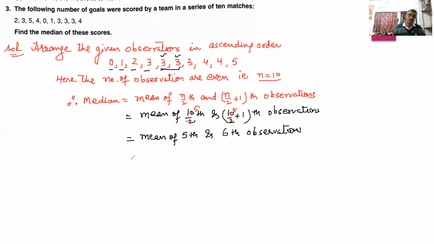These two. Therefore, mean of fifth and sixth. Fifth is 3, sixth is 3. 3 plus 3 divided by 2.